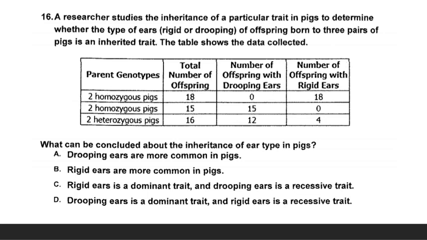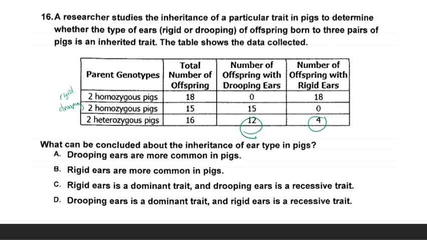We have another case where we have 2 homozygous pigs where the number of offspring was the same for drooping ears. So this was homozygous rigid, and this is drooping. And then we have 2 heterozygous pigs in which we have more drooping ears than we did rigid ears. So which one is dominant? Is it drooping or is it rigid?